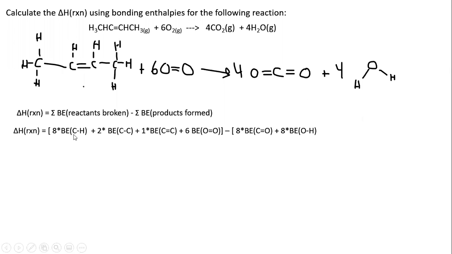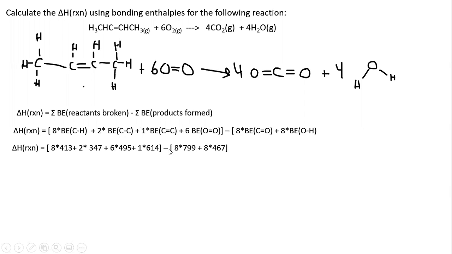And so we have 8 carbon-hydrogen single bonds. So there's 3, 4, 5, 8. We have 2 carbon-carbon single bonds, 1 carbon-carbon double bond, 6 oxygen-oxygen double bonds, 8 carbon-oxygen double bonds, and 8 OH bonds. So now we know the types of bonds and their numbers.